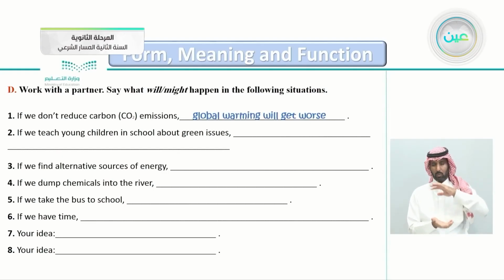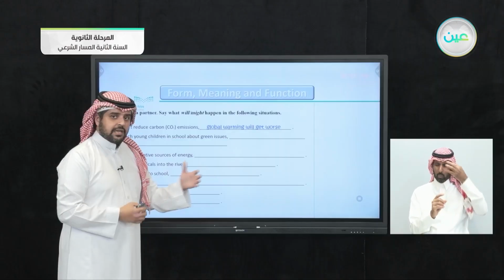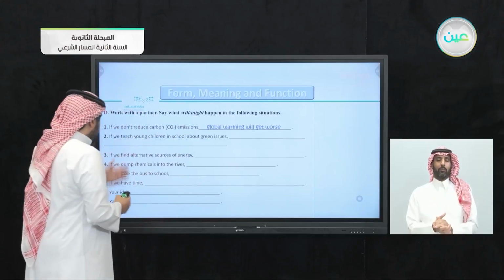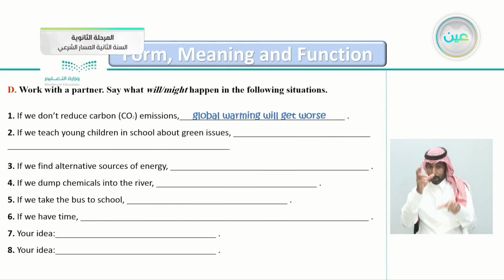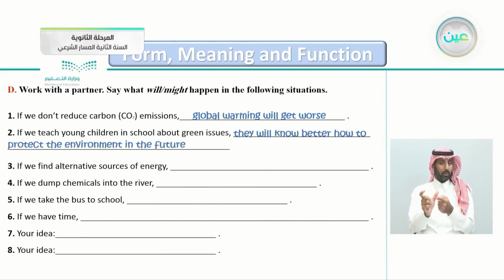Global warming will get worse. Of course, you can answer it as you wish. Number 2, if we teach young children in school about green issues, going green, what will happen? Yes, they will know better how to protect the environment in the future.